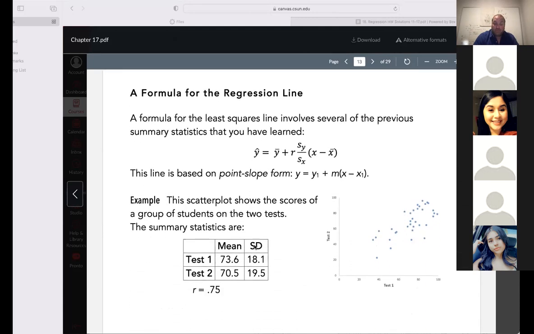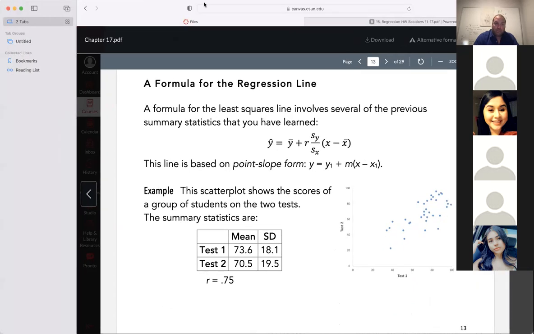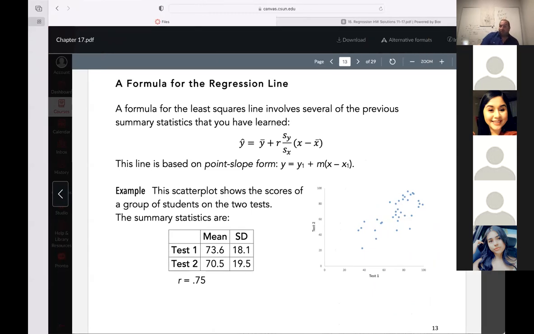Okay, with me so far? Yeah. Okay, so now the regression line itself has this formula. Up until now, we haven't worried about the formula. We just used the calculator to get it. How does the calculator get it? Well, this is the formula that the calculator uses.